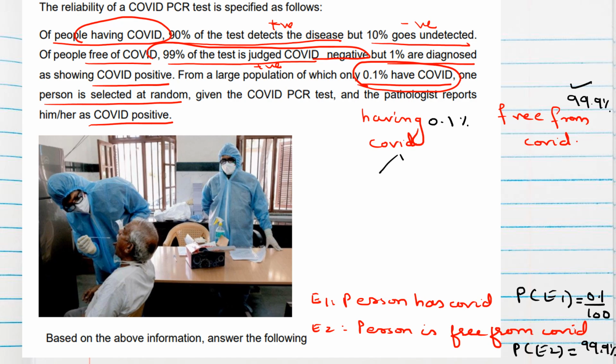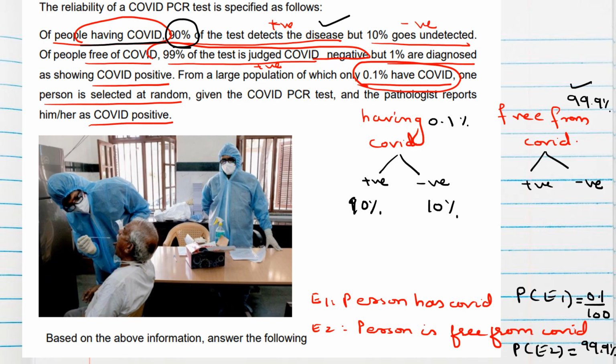Now both undergo a COVID test. It shows a positive result or a negative result in each case. Now see the first line if you read: having COVID, 90% of the tests detect. That means if a person has COVID, the chance of a positive result is 90%, negative 10%.